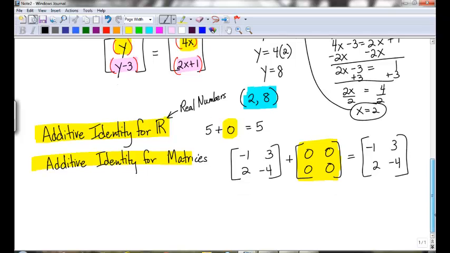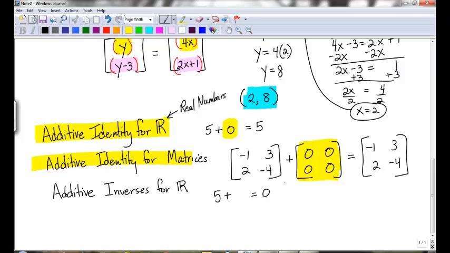Let's look at additive inverses for reals. If I said 5 plus what number brings me back to the identity?